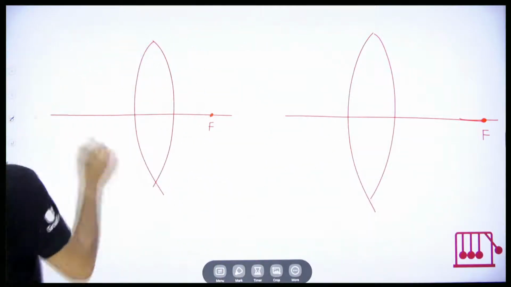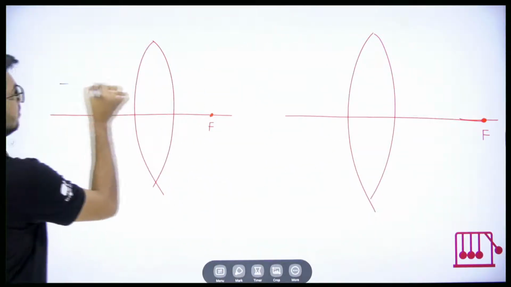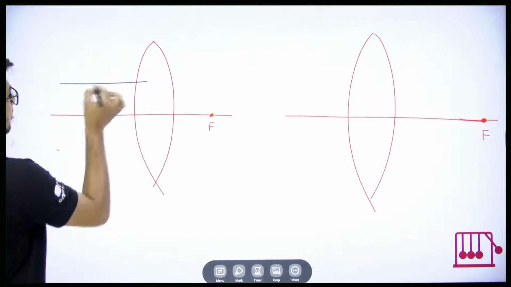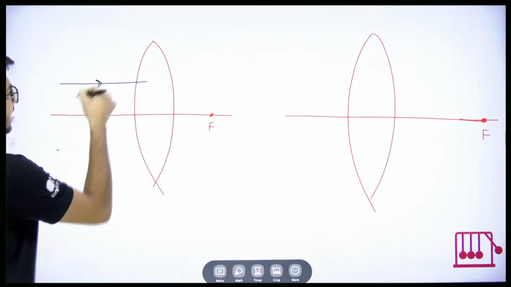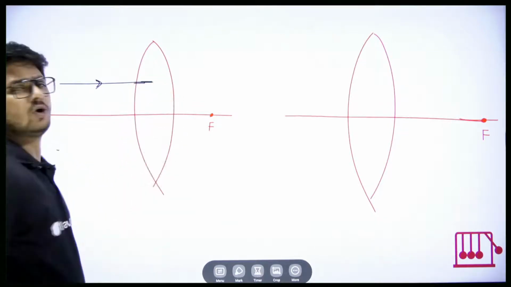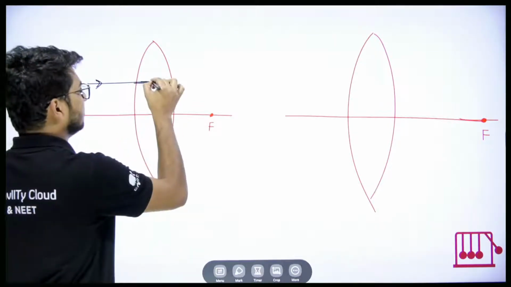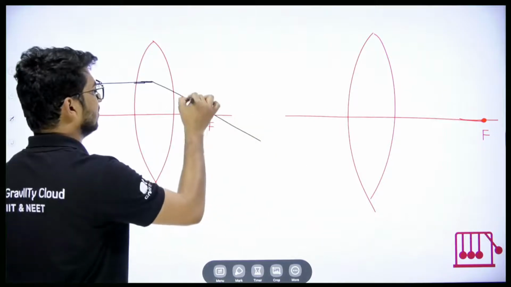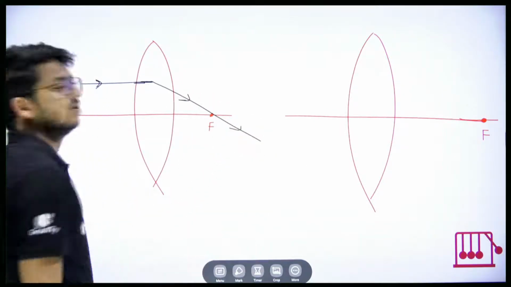Now I'll be taking parallel rays. One ray is enough. I'll take a ray parallel to the principal axis. What happens to it after passing through the convex lens? It converges, or it passes through a point on the principal axis called the focus.